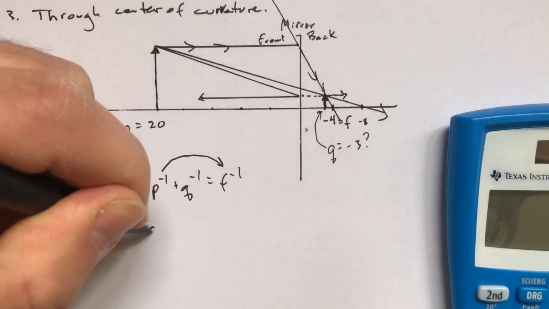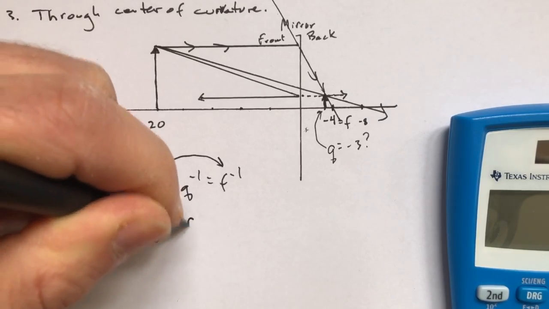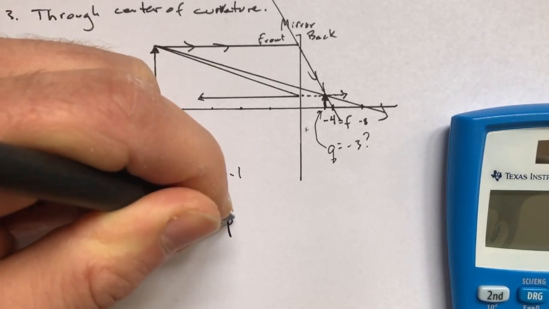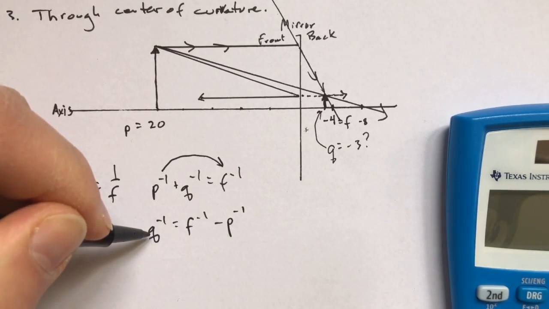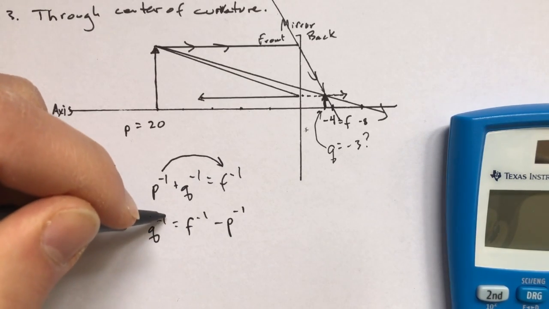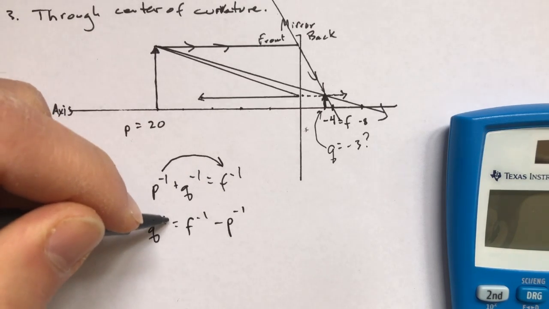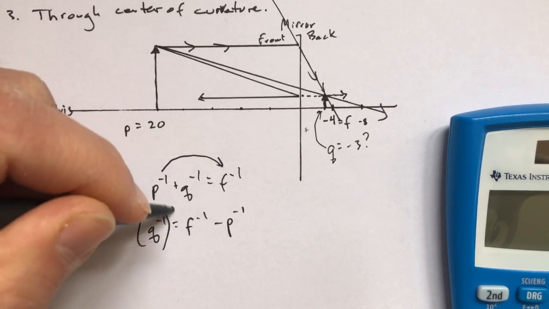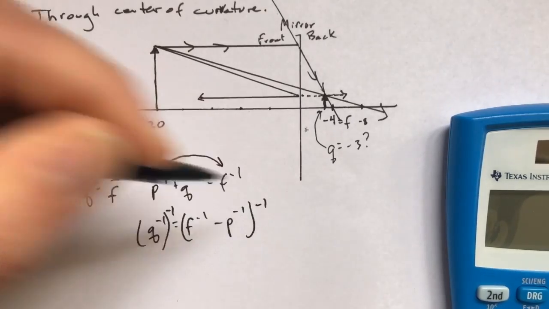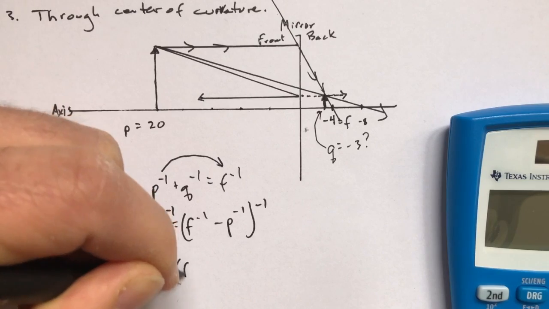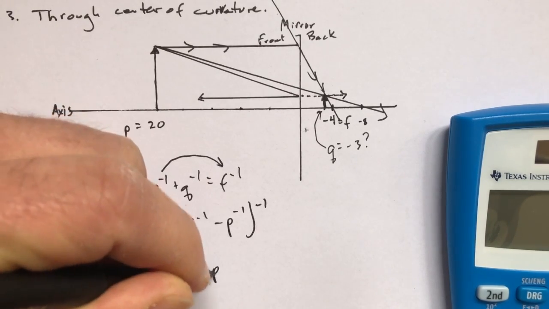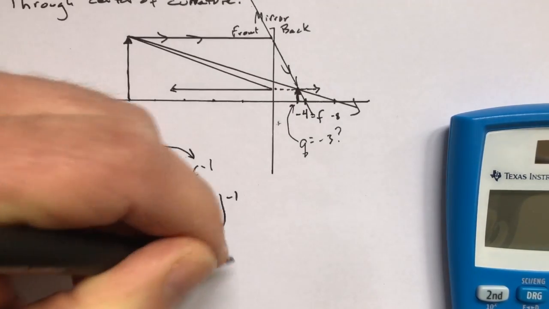So Q to the minus 1 equals F to the minus 1 minus P to the minus 1. All right, and I don't want Q to the minus 1. I want the inverse of that. So I'm going to take the inverse of both sides. So really, Q equals F to the minus 1 minus P to the minus 1 all to the minus 1.